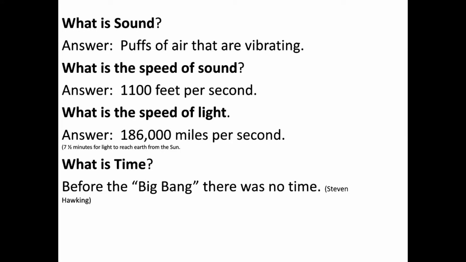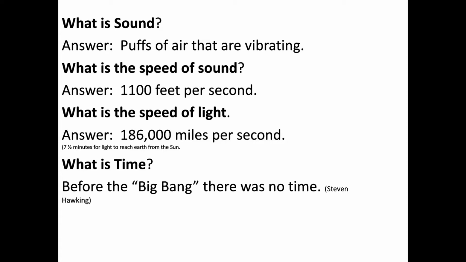Interesting thing about physics here is that sound travels just 1,100 feet per second, where light travels at 186,000 miles per second. And that's why when there's a lightning storm, you will see the flash of light pretty much instantaneously when the lightning strikes.